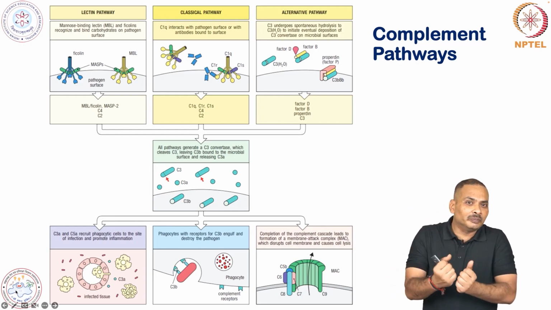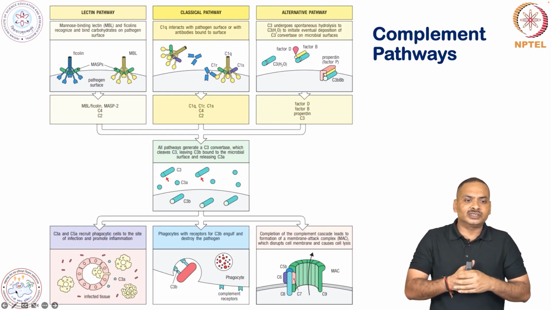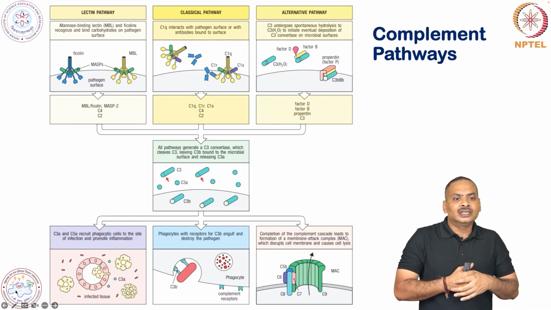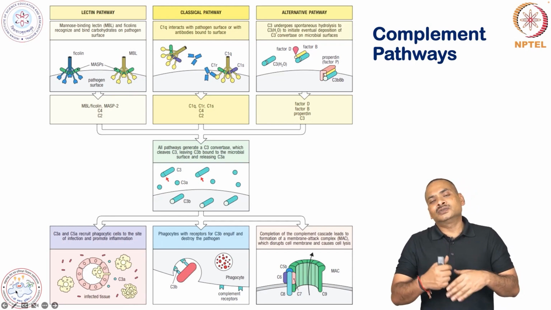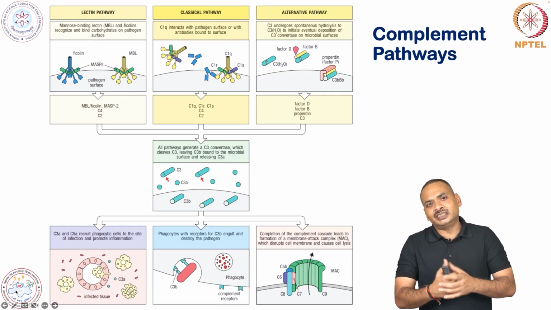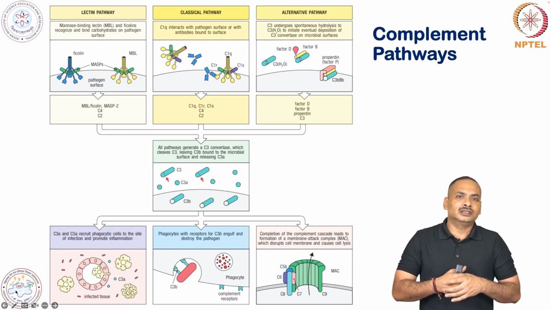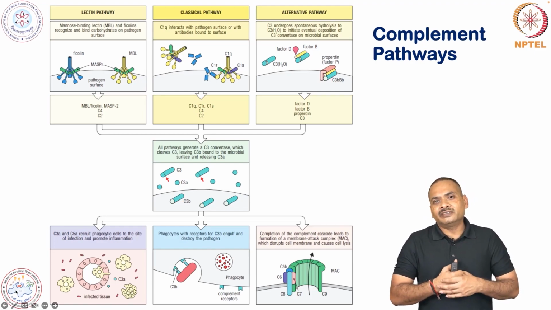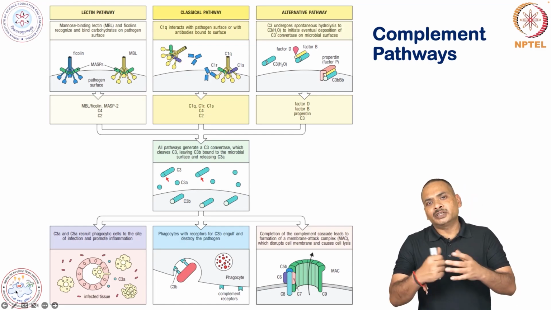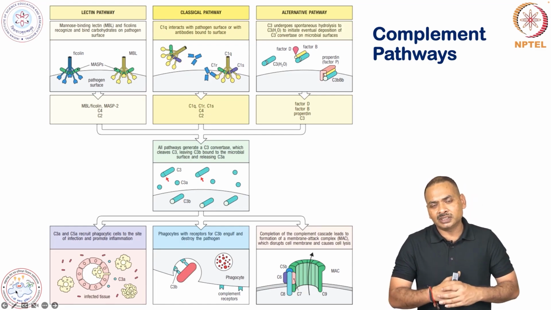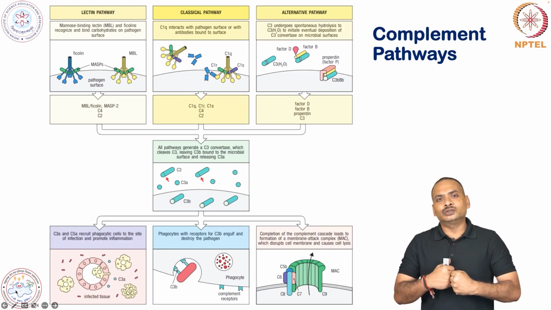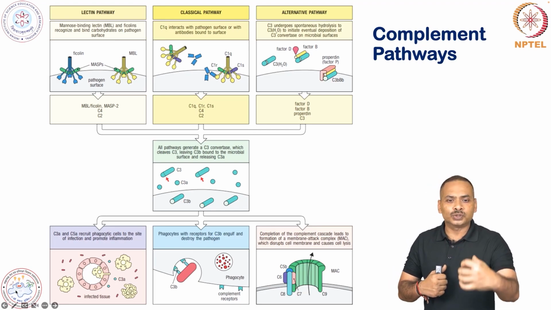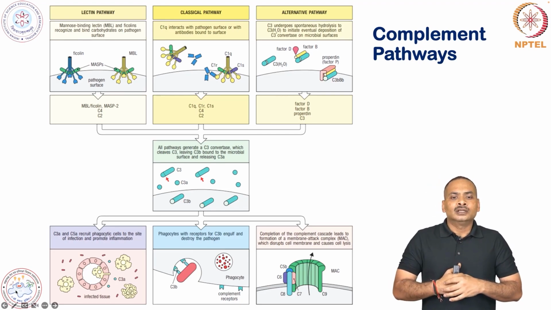This inflammation will attract the phagocytic cells, and once attracted, they will clear the microbial pathogen. And as I have explained, if the microbial pathogen is coated with C3b, then it will be readily phagocytosed. We call this opsonization.